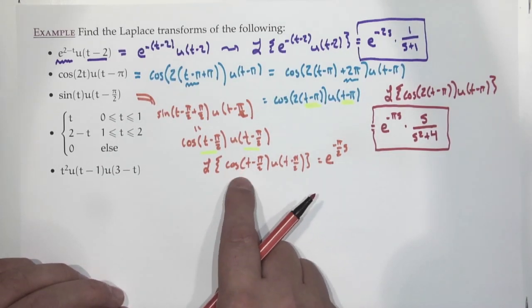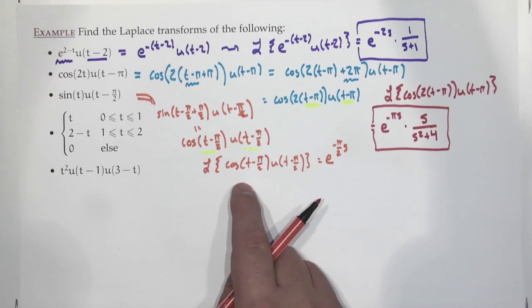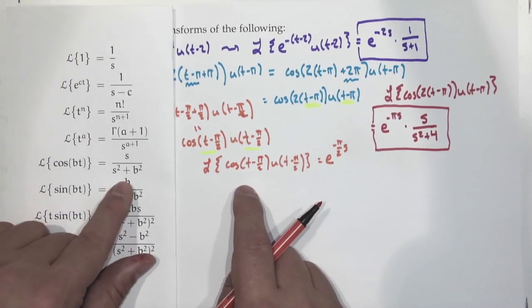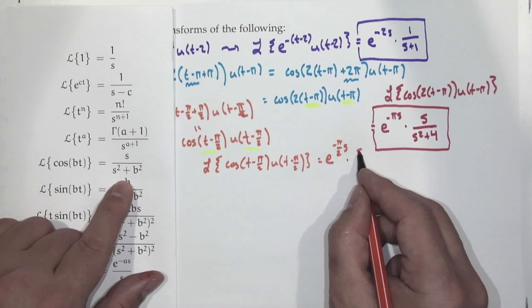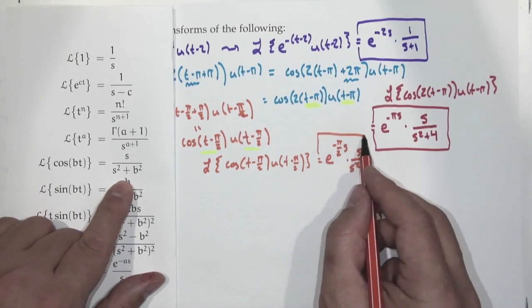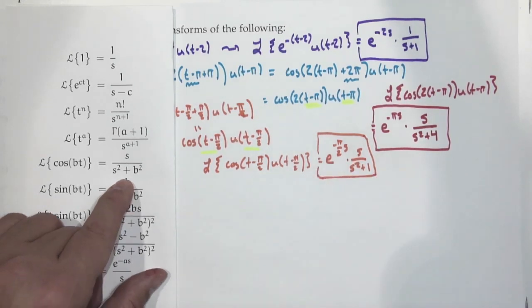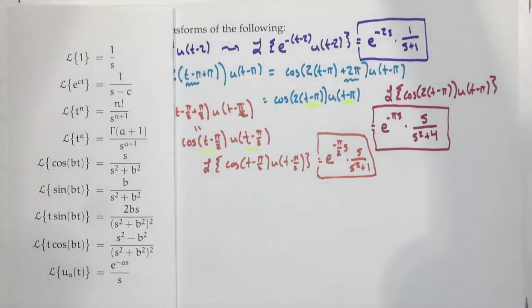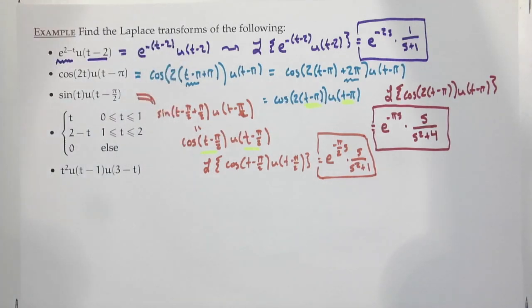We're cluing off of the cosine function. What does cosine look like? That is s over s squared plus 1 squared. All right. Well, 3 down, 2 to go.